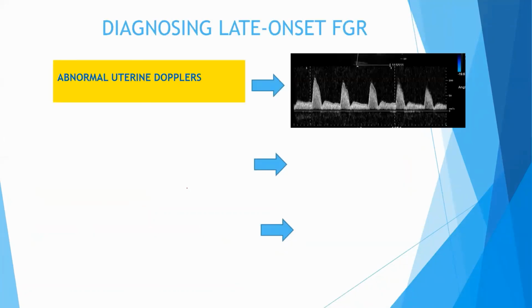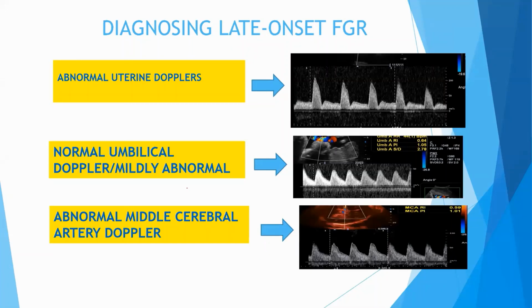And then in terms of late onset fetal growth restriction, we may initially suspect that this baby is going to have fetal growth restriction once we've screened and we see that the uterine artery Dopplers are abnormal. And then we follow them up where we're doing surveillance.